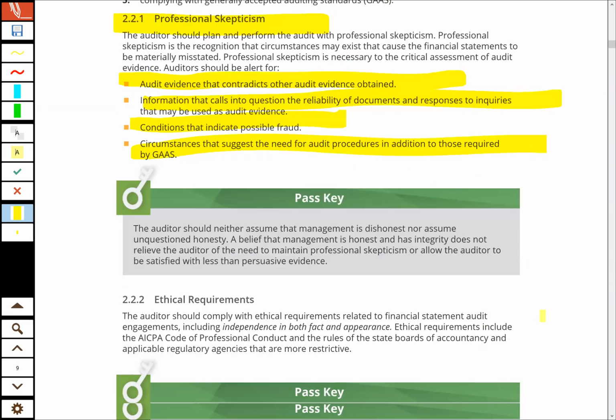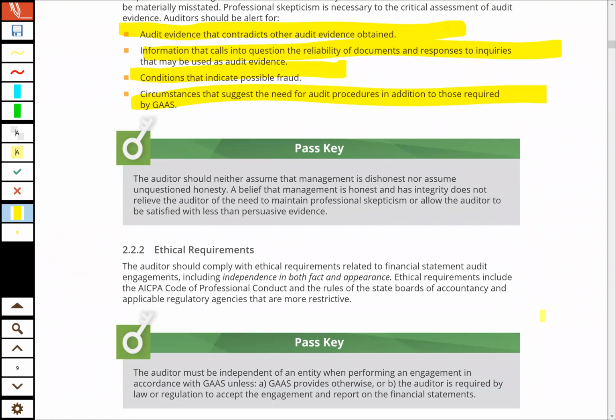Okay, good. Ethical requirements. When we do an audit, we have to follow the AICPA Code of Professional Conduct. And again, as I've stated, in the state of California and many states, they pattern their own regulatory requirements after the AICPA Code of Professional Conduct. I can't speak for all boards of accountancy.